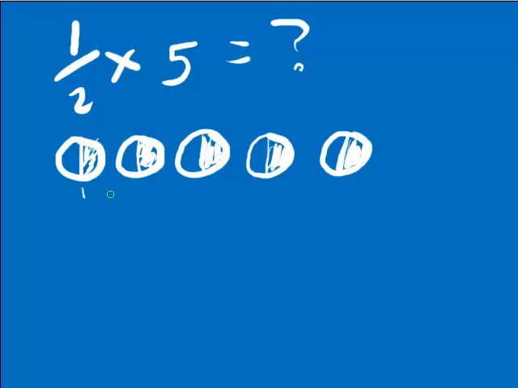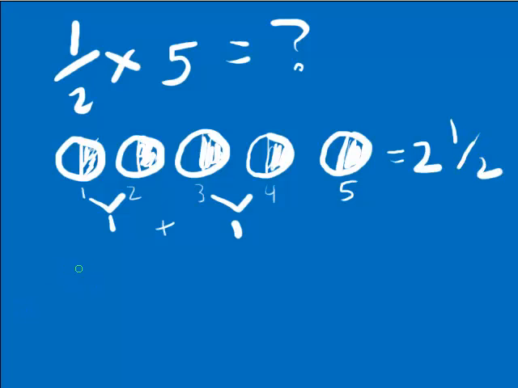So I've got 1/2, 2 halves, 3 halves, 4 halves, 5 halves. Now if I look at this, if I take this half and this half, put these two together, right here, there's 1. And then I take these two halves and I put them together. There's my second one. And then I have 1/2 left over. So 1 plus 1 equals 2 and 1/2.